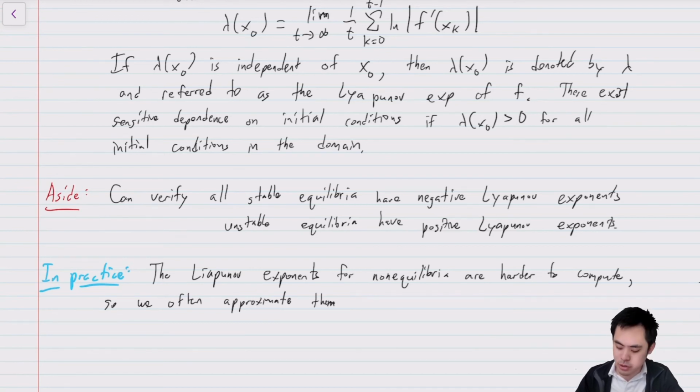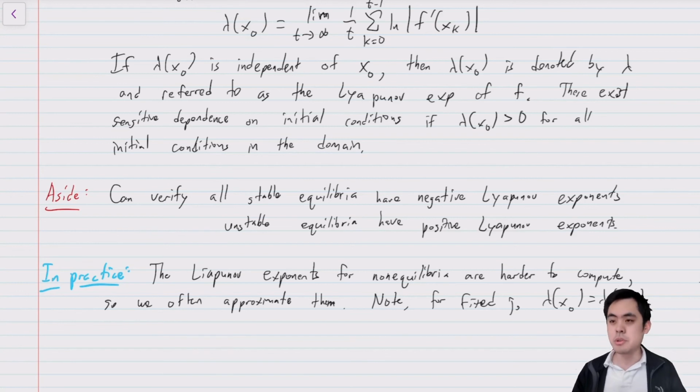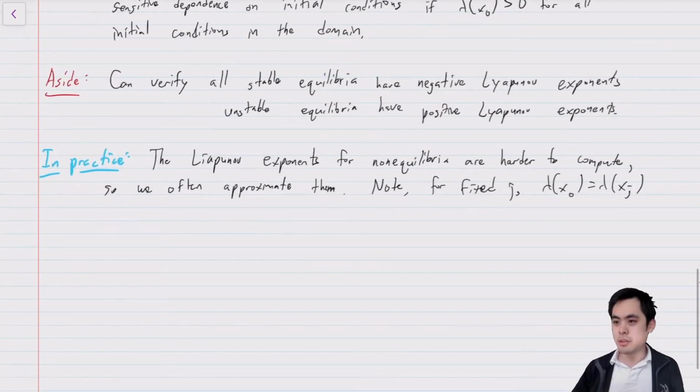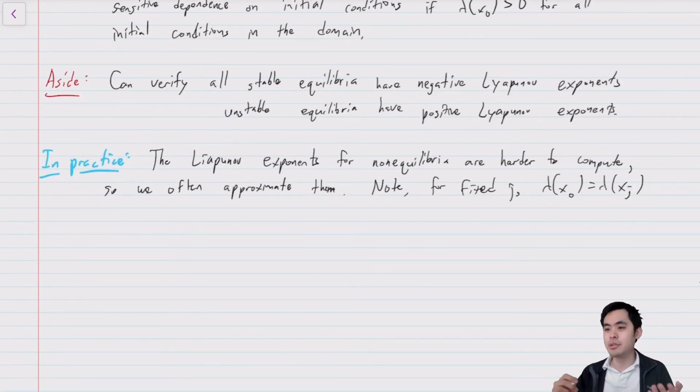Via computer. So the first thing to note is that for fixed j, lambda of x naught is equal to lambda of x j, because we're taking a limit as t goes to infinity, and so it doesn't actually matter if we start at x naught or if we start at x j, because as t goes to infinity, it all falls out.